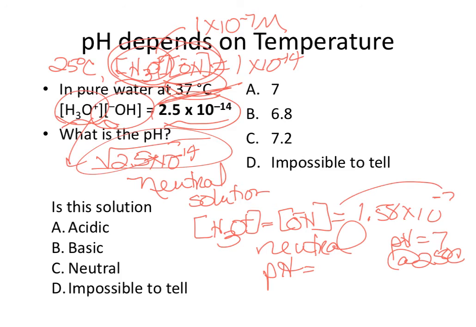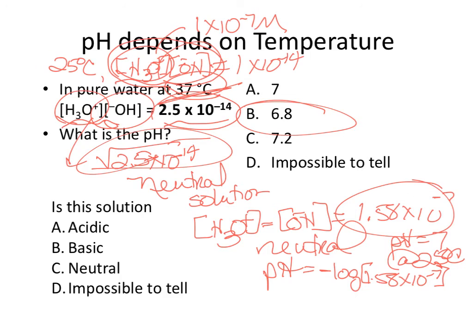So now let's figure out what pH is at this temperature. Remember, pH is minus log of the concentration of the hydronium ion. So if we take the minus log of 1.58 times 10 to the minus 7, we get that the pH of this neutral solution is 6.8 at a higher temperature. Kind of weird, but interesting.